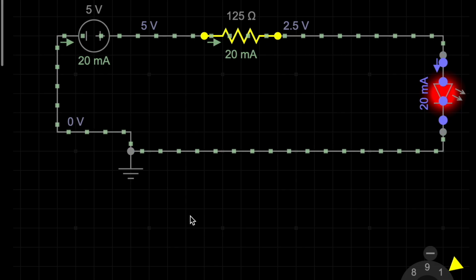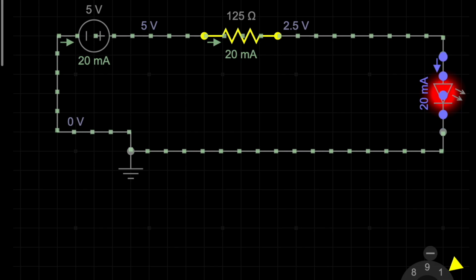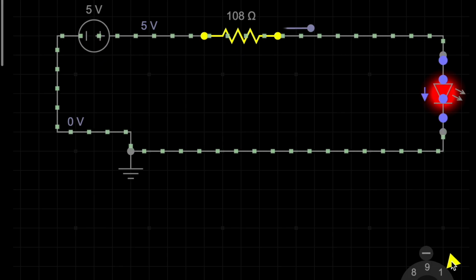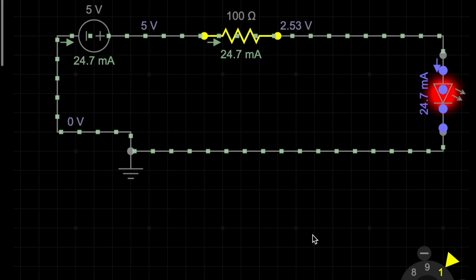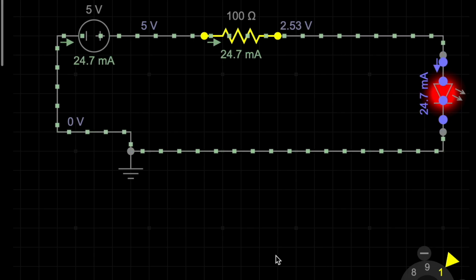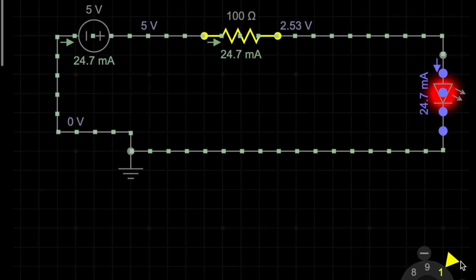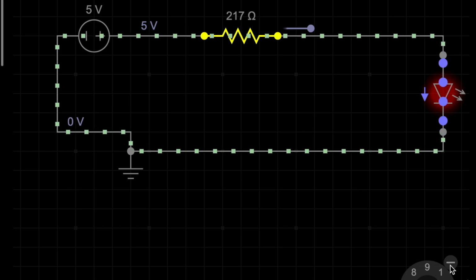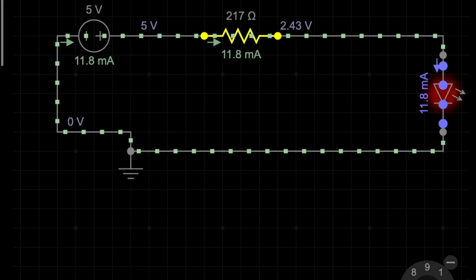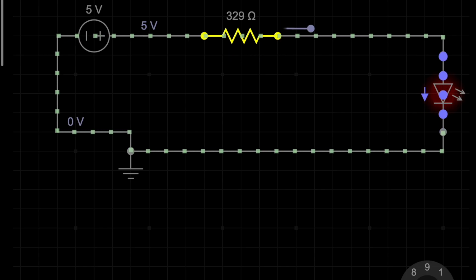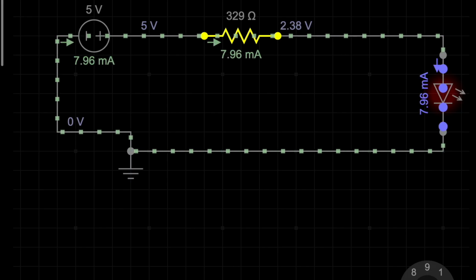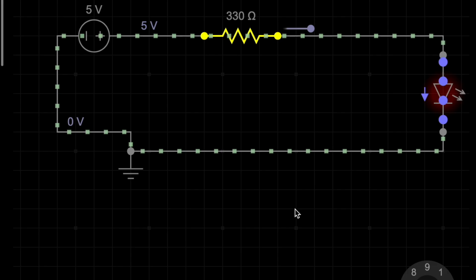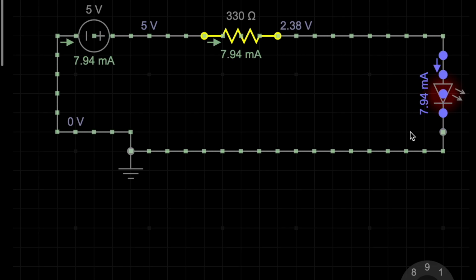If I increase the resistance, the current will lower, and if I decrease, the current will increase. Let's take a look at a practical experiment.